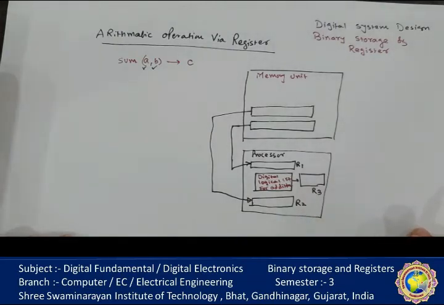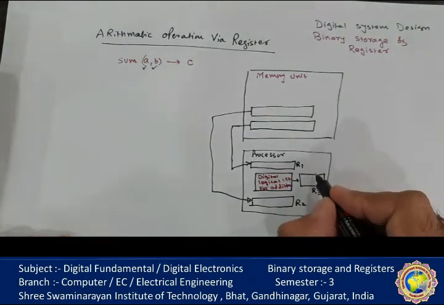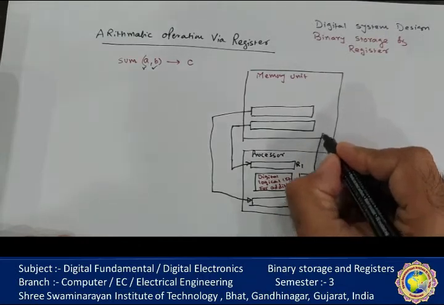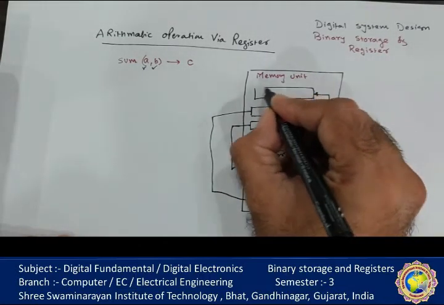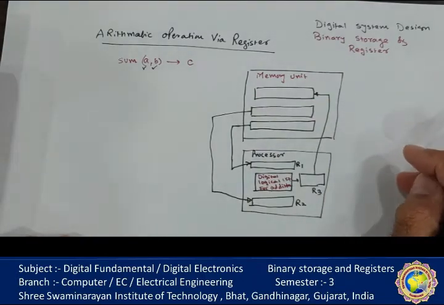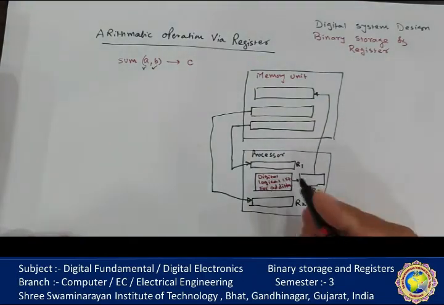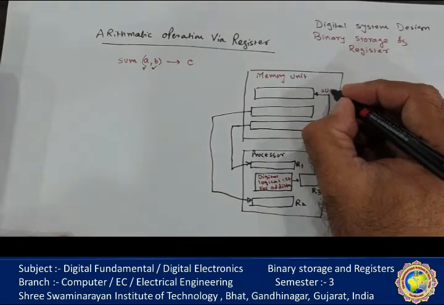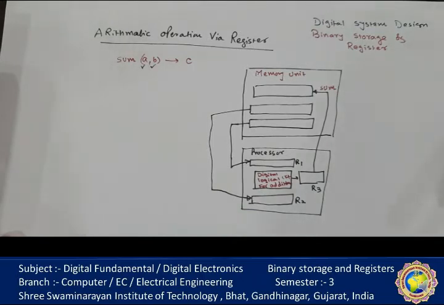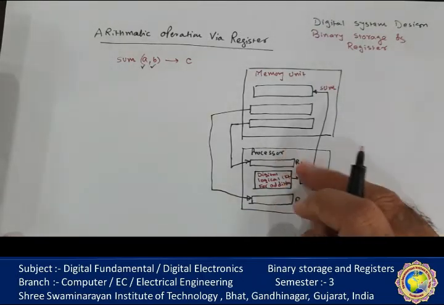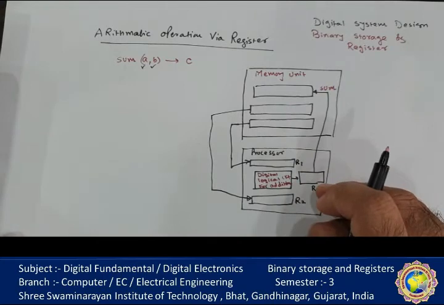Whatever result is generated will be transferred to a particular location of the memory. Since it is an addition circuit, the result is the summation of the two data. How does it work? The memory unit normally consists of thousands of registers, and here the processor unit has three registers, R1, R2 and R3.